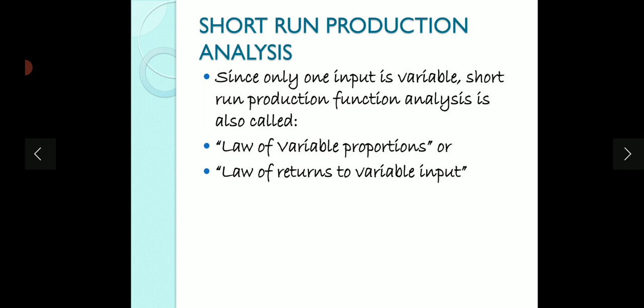That means how the returns are behaving due to one variable input. What kind of returns I am getting because of one variable input. Hence the name law of returns to variable input. The first name, law of variable proportions, I am going to explain in the coming slides.